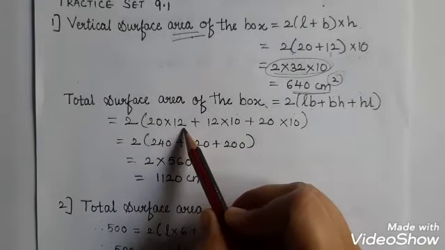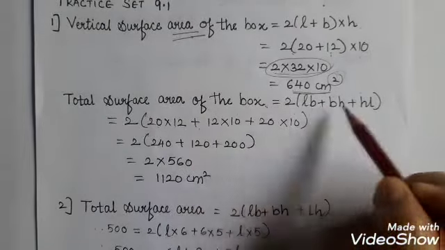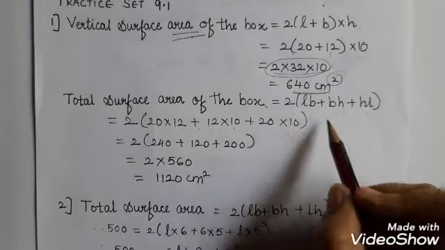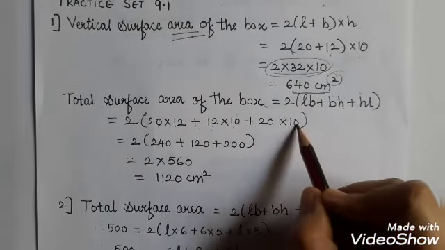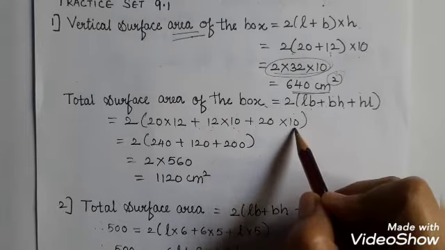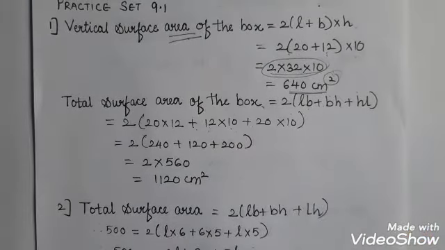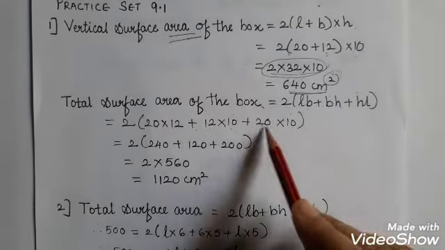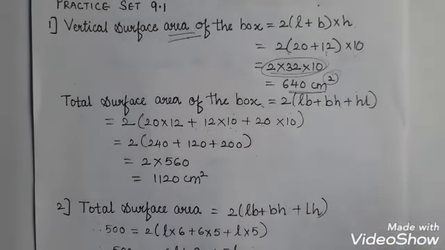So 20 into 12 plus breadth is 12, height is 10, 12 into 10, plus length is 20, height is 10, so 20 into 10. It is multiplication, so no matter, even if you write 20 first and 10 later, it is in multiplication form.